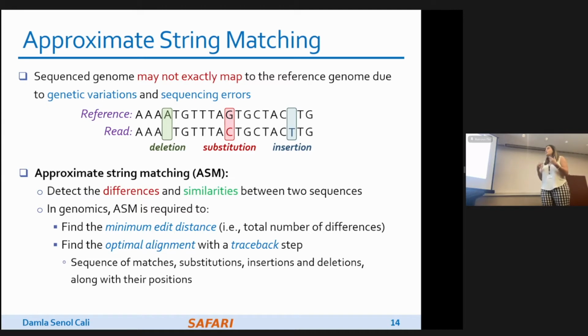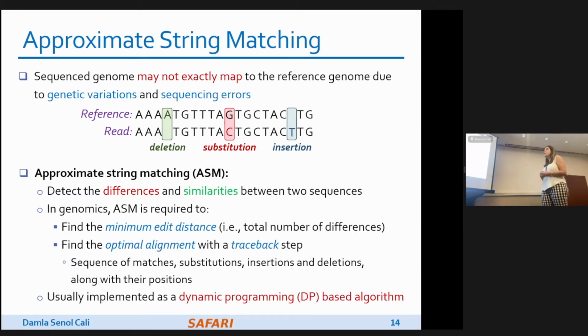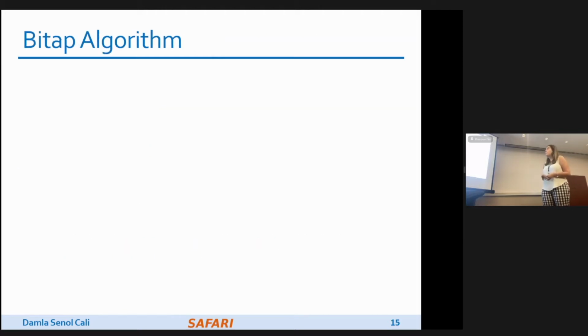And also with the traceback step, we want to find a sequence of matches, substitutions, insertions, and deletions along with their positions. And as I said, ASM, which is approximate string matching, is typically implemented using a dynamic programming-based algorithm. But it has quadratic time and space complexity, thus we need different algorithms to solve the computational issues that come with it.